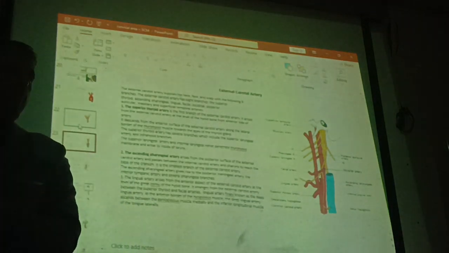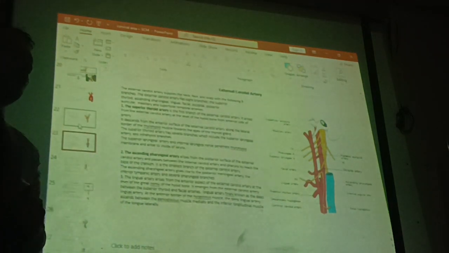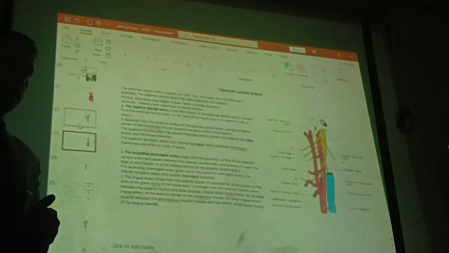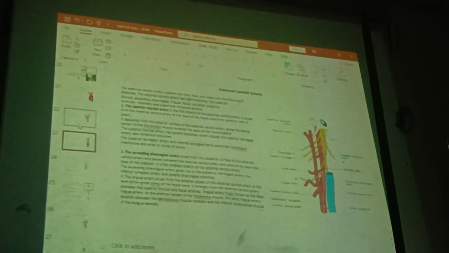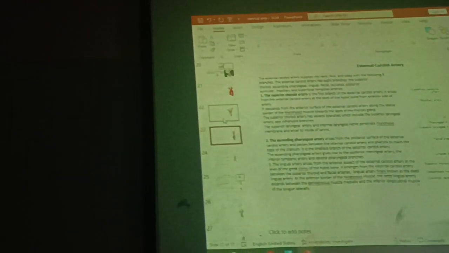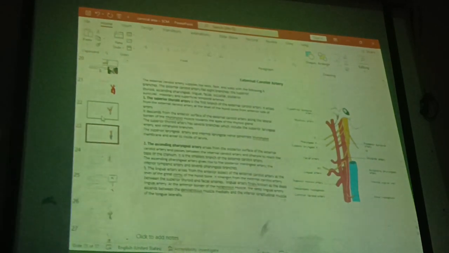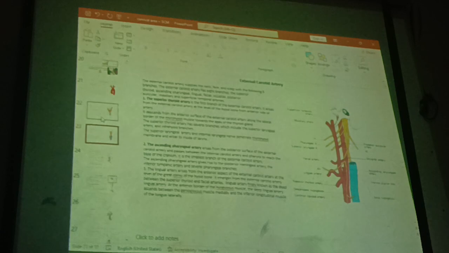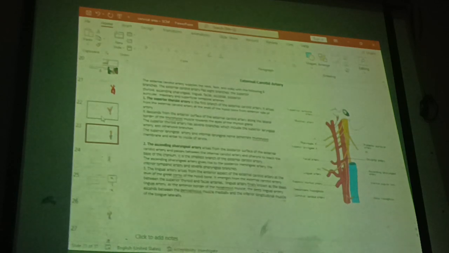The maxillary artery supplies all the areas of the face: upper teeth, lower teeth, the mandible and its structures, and the paranasal sinuses. The superficial temporal artery, as you know by its name, is superficial and located in the temporal region.